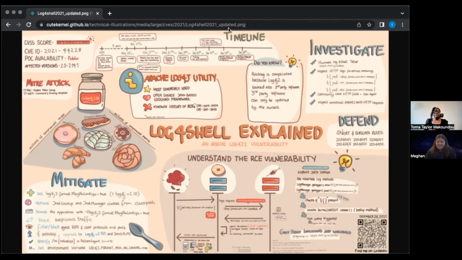All right, so let's go back to the visual, and let's talk about the investigate, defend, and mitigate sections. The goal of all of my visuals is to primarily help decision makers at all levels.